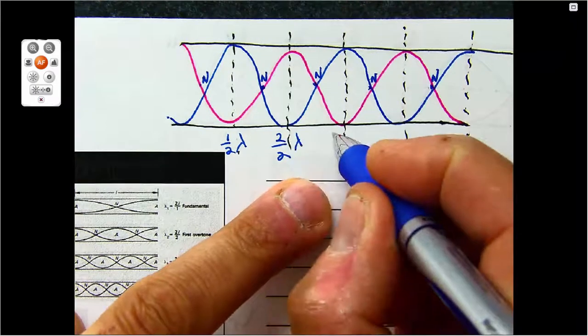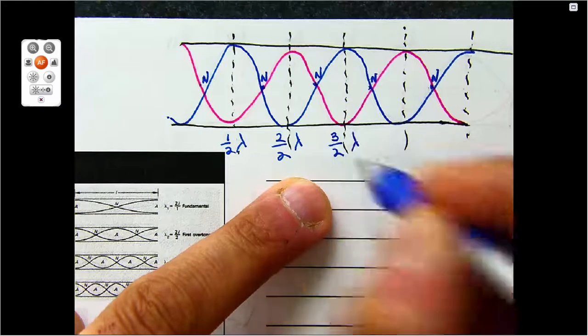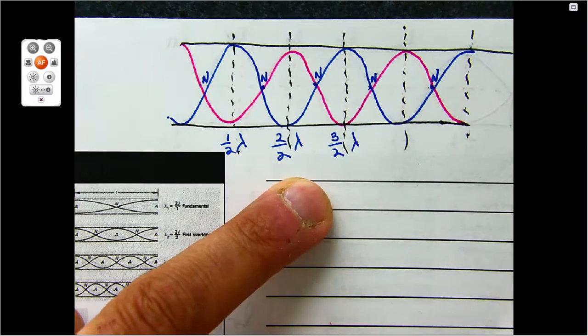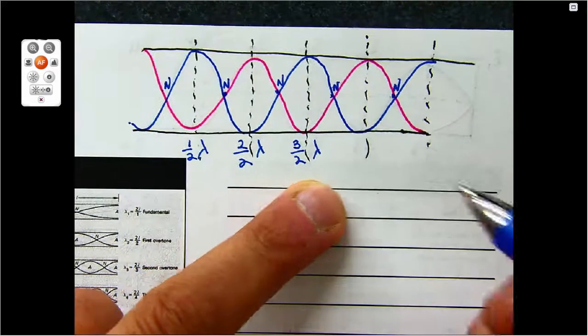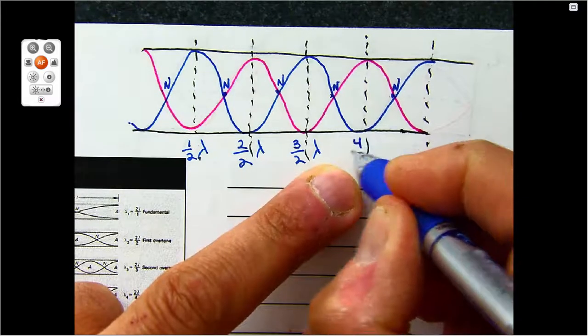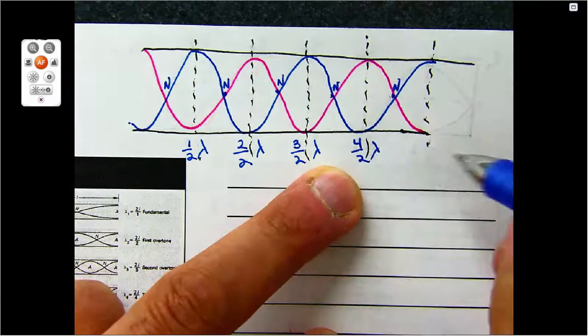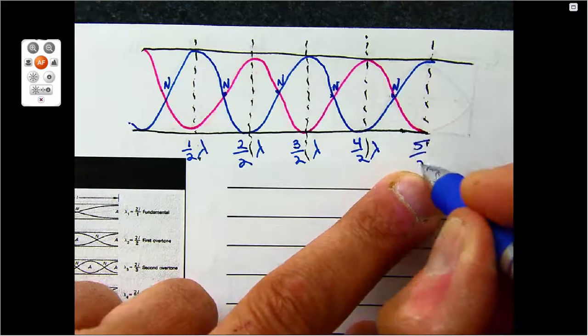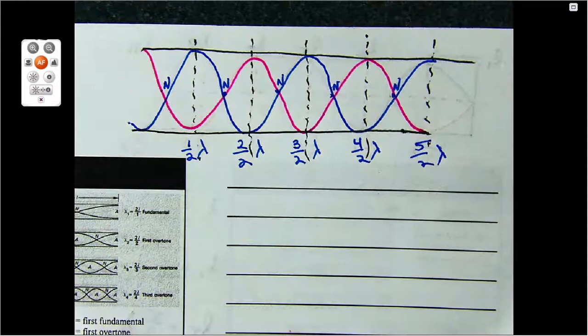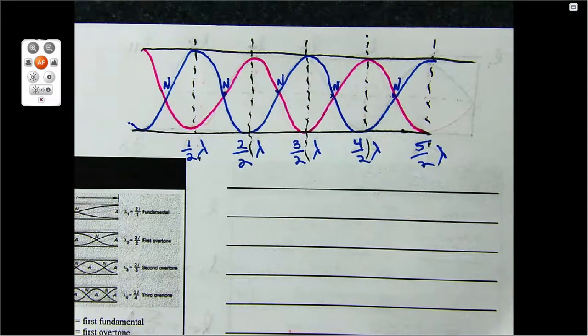So if I did 1 1/2, I could go 3/2 lambda. Now you see the pattern. 4/2 lambda, which would be 2 full waves, and then 5/2. Since you do not start out at a quarter, you go up by halves.